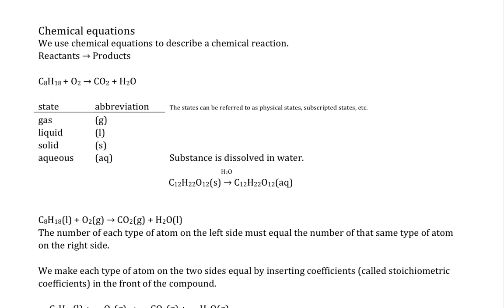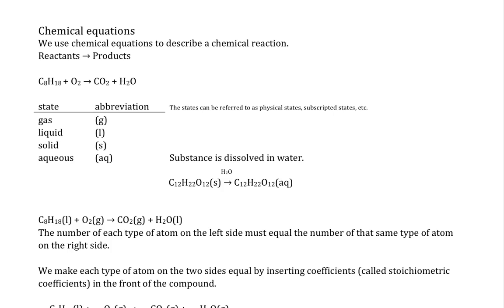We can give more information if it's relevant. For example, we could give the state or the phase that each substance is in. If it's in the gas phase, we put a G in parentheses right beside the molecule.